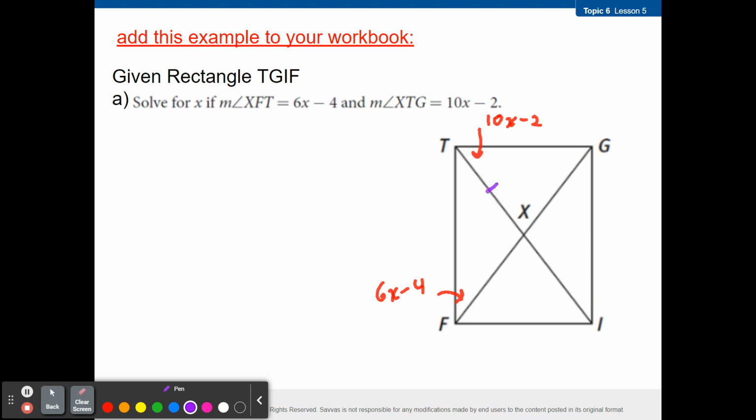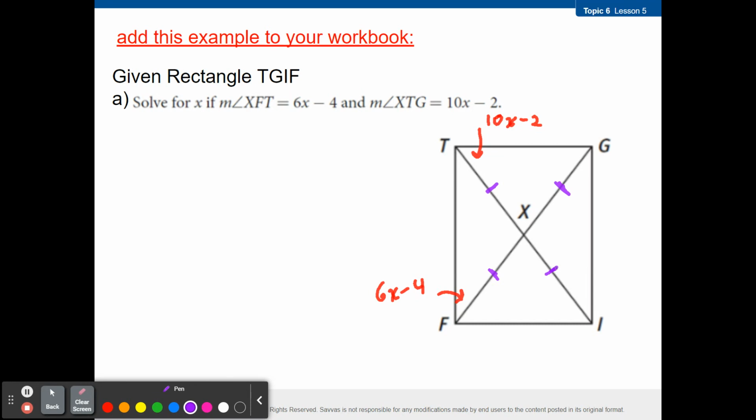So this is congruent with this and this and this. What do we know about the angles? They're vertical?